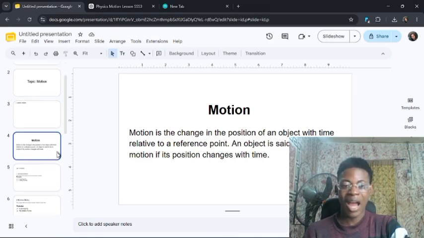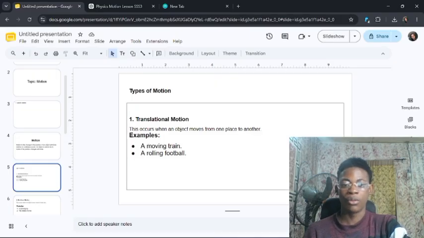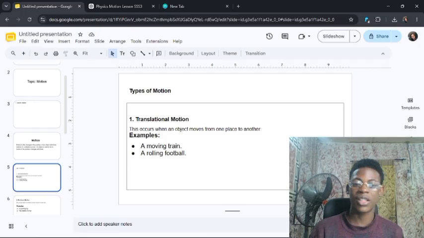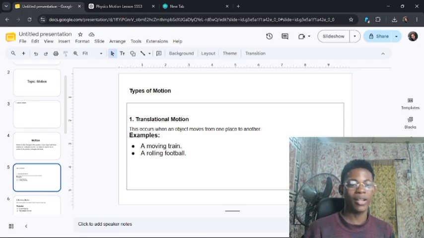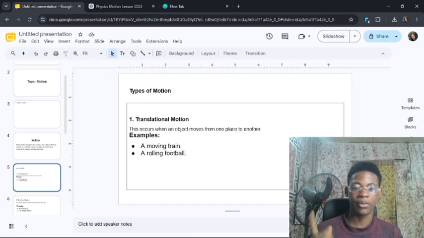Now we have types of motion. The first type is the translational motion. Translational motion is when an object moves from one place to another. For example, a moving train, which is going from place to place.